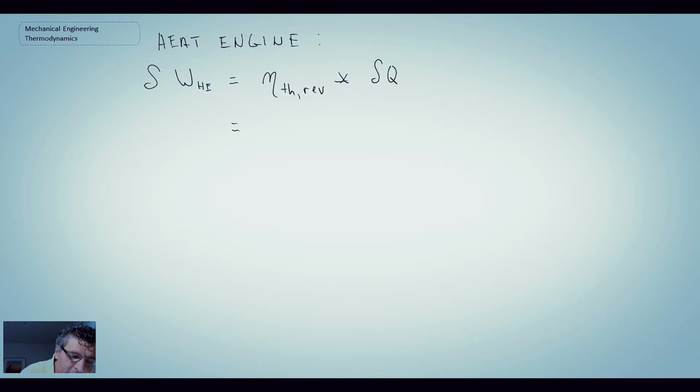We know that the thermal efficiency for the reversible engine can be expressed in the following manner, where T is the higher temperature of our gas and T naught is the surrounding temperature. And so what we can do is expand this.